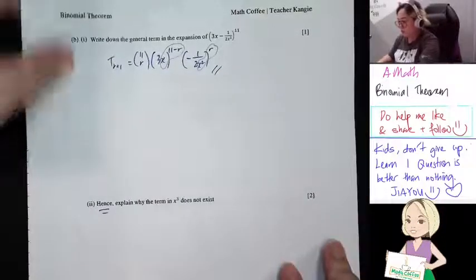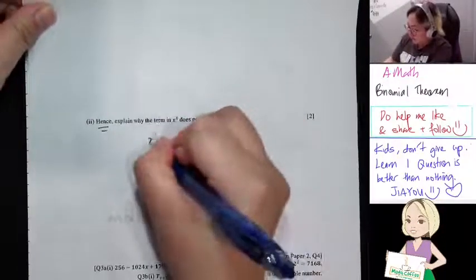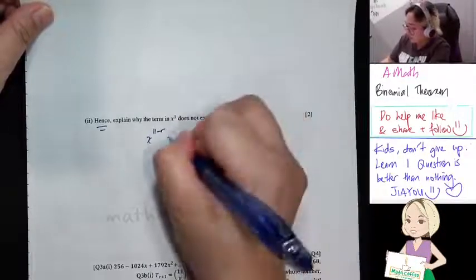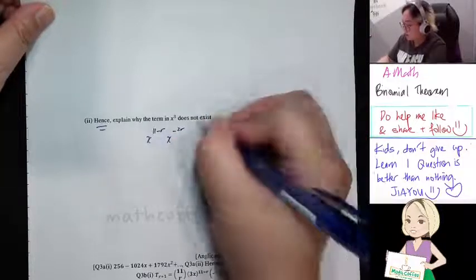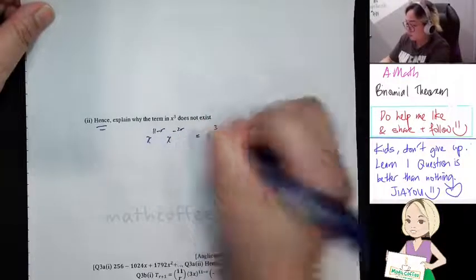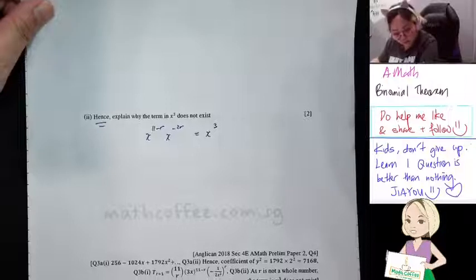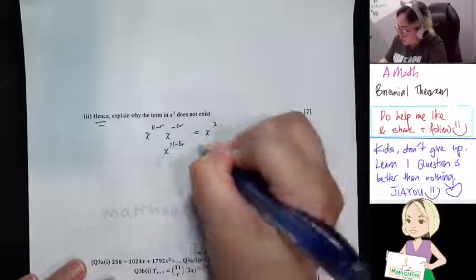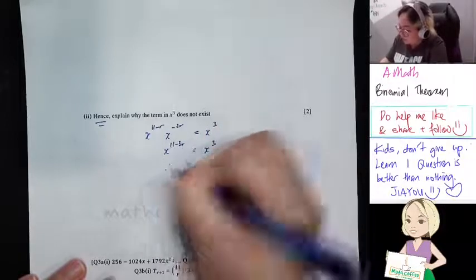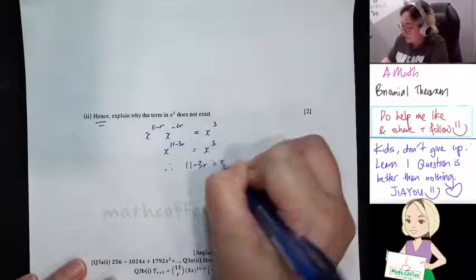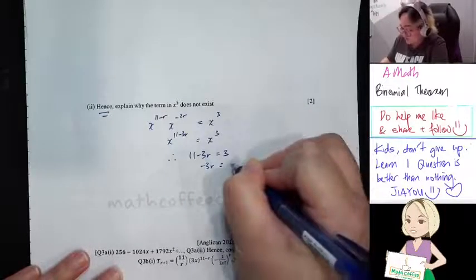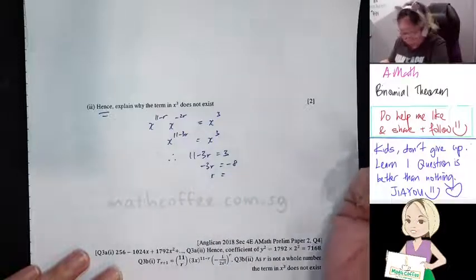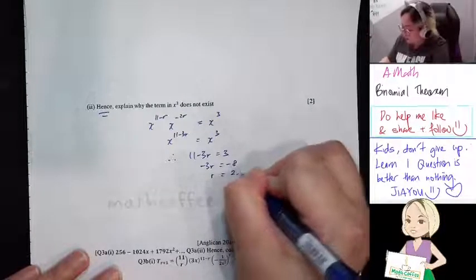So we have x to the power of 11 minus r, times x to the power of minus 2r, and we want to equal it to x to the power of 3. In the end we will have x to the power of 11 minus 3r equals x to the power of 3. Solving, 11 minus 3r equals 3, minus 3r equals minus 8, so my r equals 8 divided by 3. So I get 2.666.